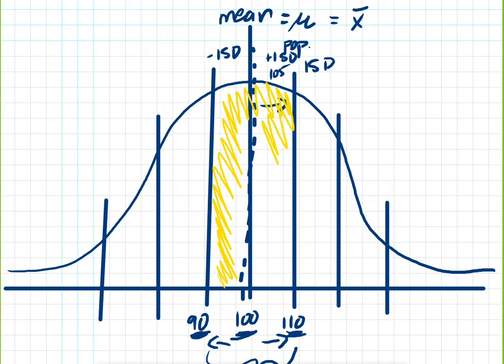So 68% of all human IQs measured by IQ tests happen to fall between an IQ of 90 and 110. That is usually something that's key to know: how much information is under a normally distributed curve.